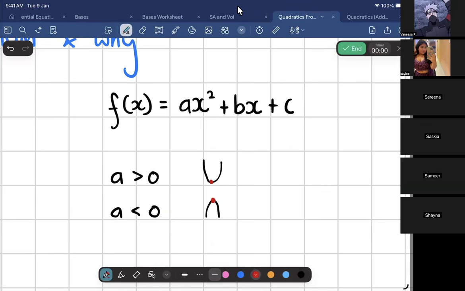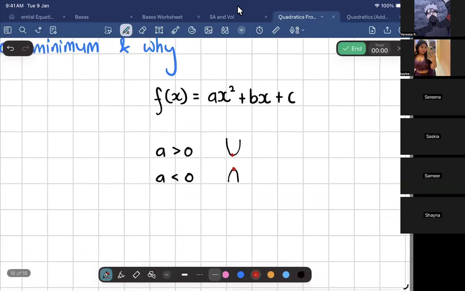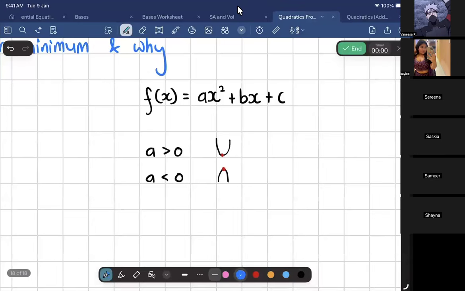So this is where you have to write these statements. If A is more than 0, then f of x has a maximum or minimum? Minimum. Right.